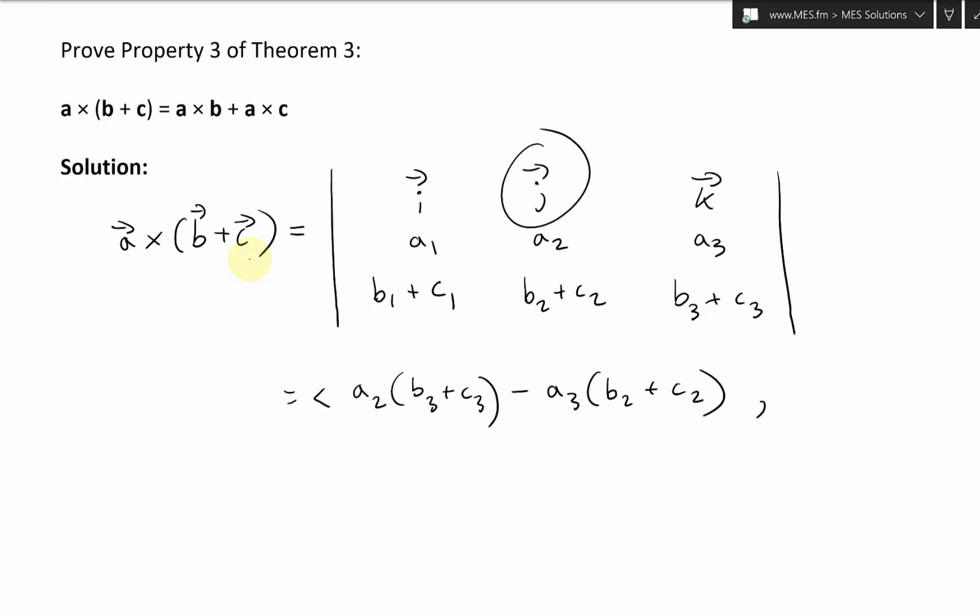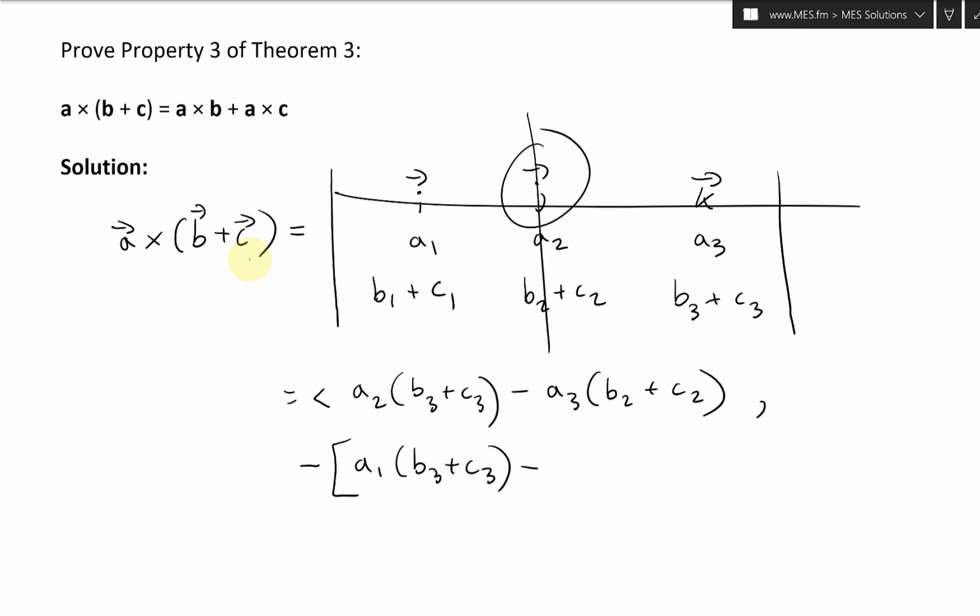Now the next part is the J component, and I cross this out, and it's going to be negative. Let's put a negative just for show. So we're going to have negative, and I'm going to put a square bracket, A1 times (B3 plus C3), minus this one right here, A3 times (B1 plus C1), like that.